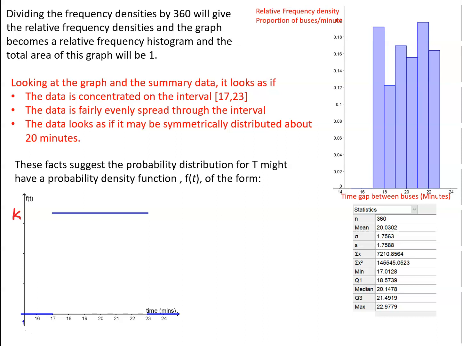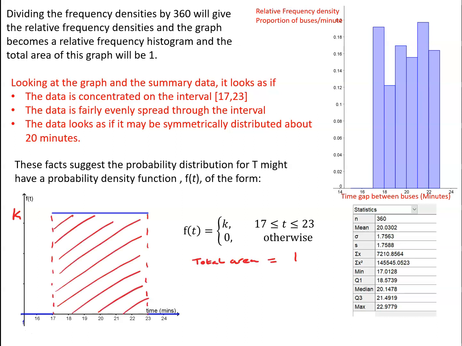So expressing that as a formula, we can say that f(t) is equal to k for any value of t in the interval 17 to 23, and it's equal to 0 otherwise. We know that the area underneath the graph has got to equal 1, so we can say that 23 take away 17, which is the base, which is 6, times k must equal 1, so k must equal 1/6.